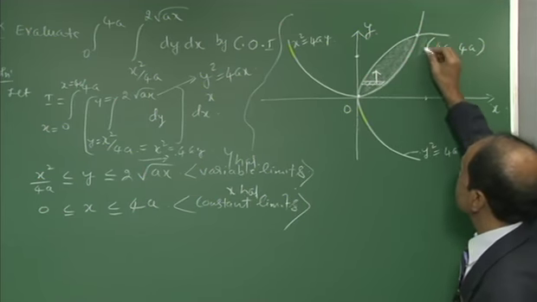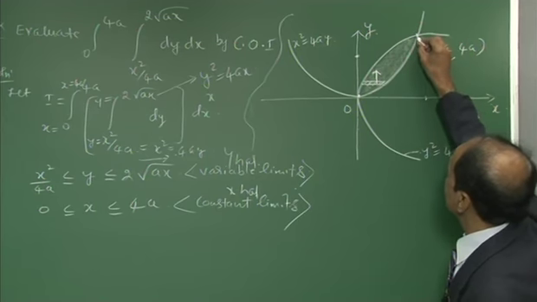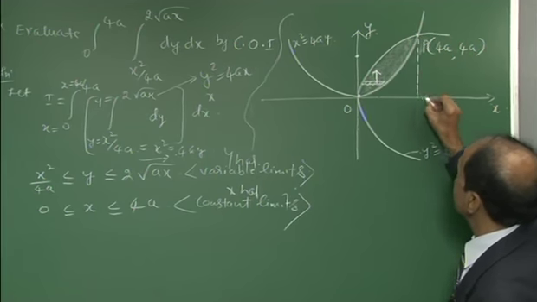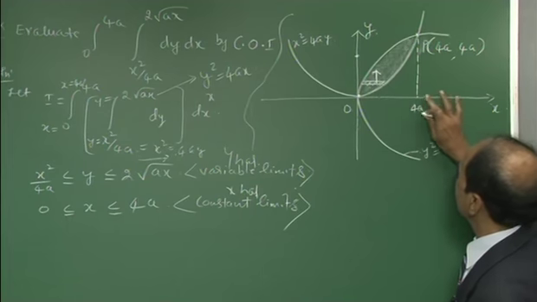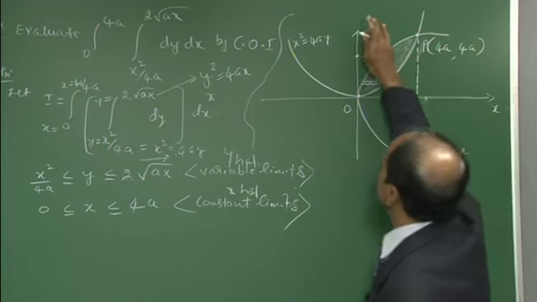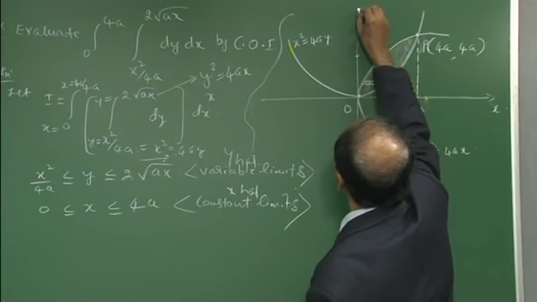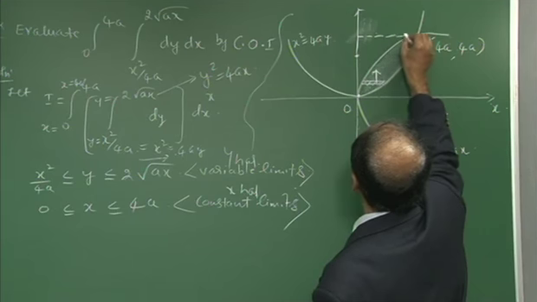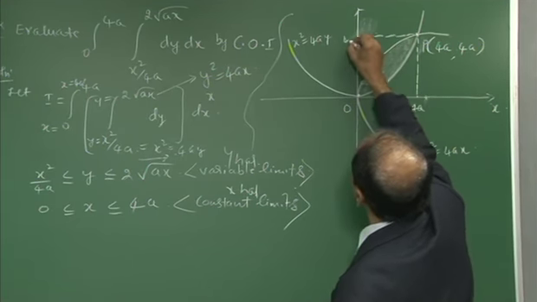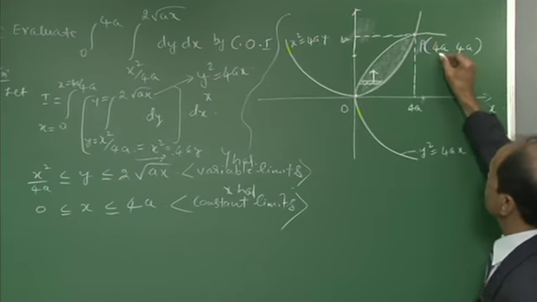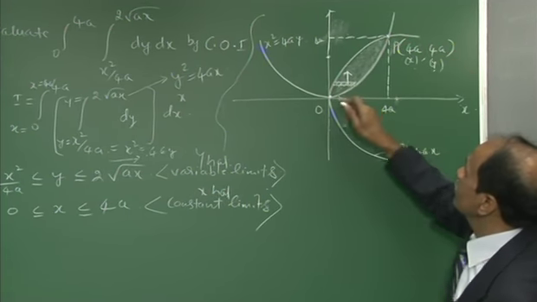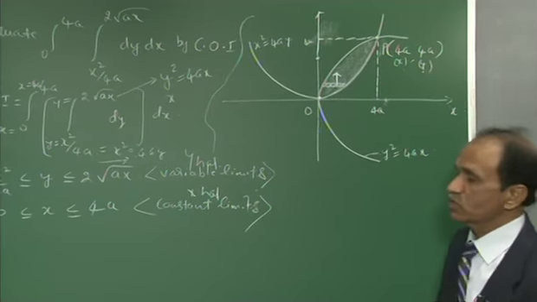That 4a comma 4a lies here like this. This is the total length on the x axis up to 4a, and this is 4a. Therefore, x length is 4a and y length is also 4a.